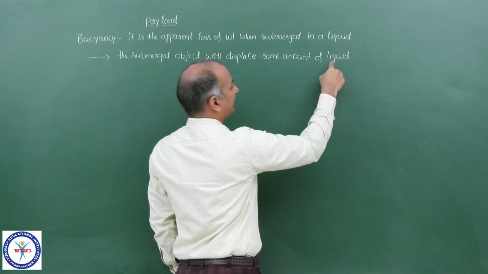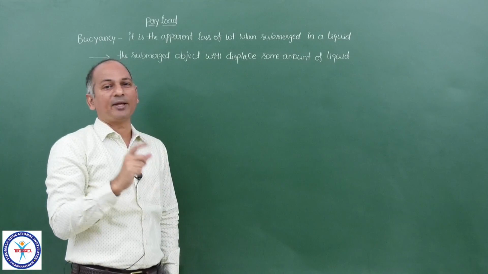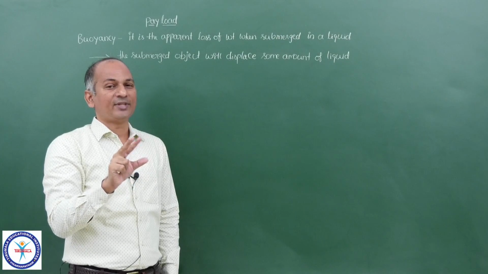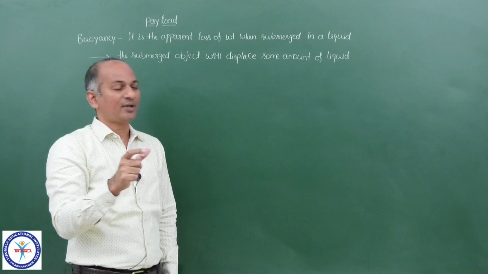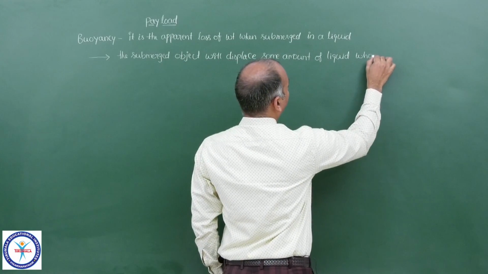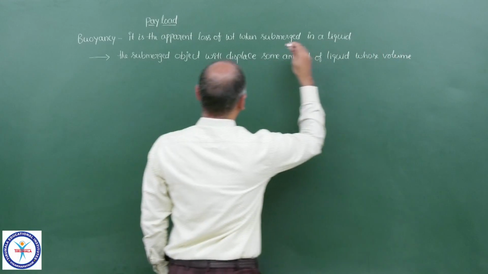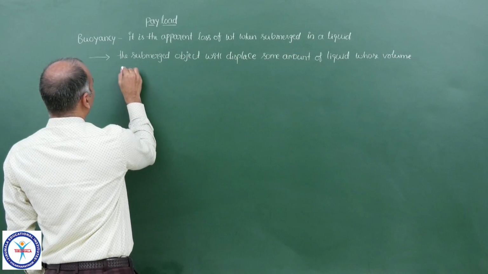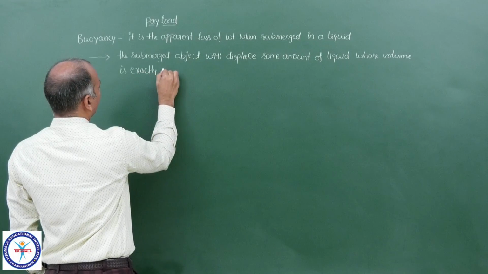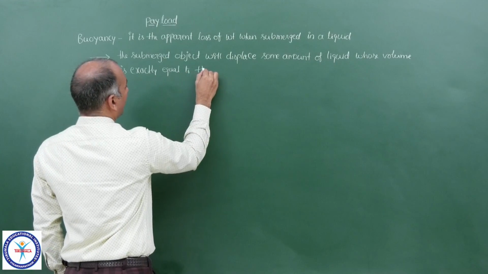Actually, you can replace this liquid with fluid, because buoyancy you can apply to both liquid as well as gas, fluids, the states of matter which can flow. Okay, so some amount of liquid whose volume is exactly equal to the volume of the object.